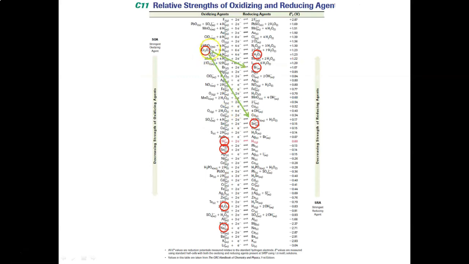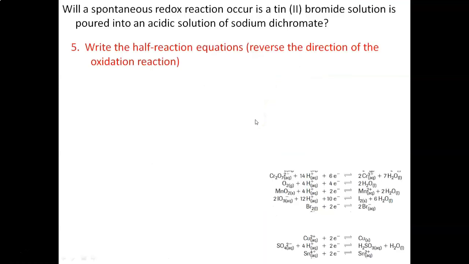But my strongest oxidizing agent is above this reducing agent, so I could get a spontaneous redox reaction occurring between them as well. Likewise, my strongest oxidizing agent is above this reducing agent, so I could also get a spontaneous redox reaction occurring there. So in this case, this combination would give me 3 different redox reactions because my strongest oxidizing agent is above 3 different reducing agents.